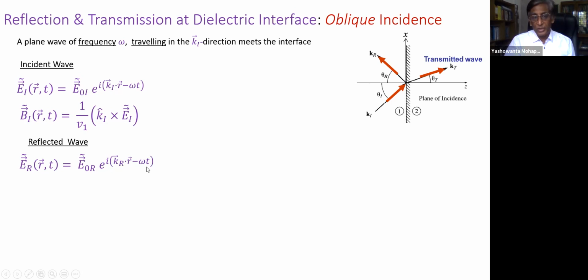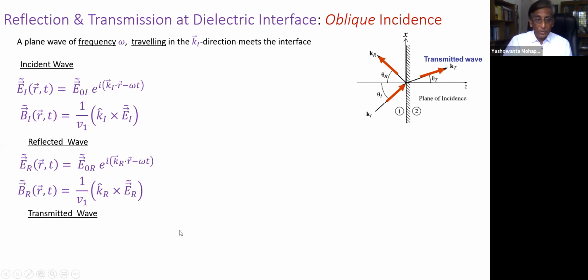This is the complex amplitude along with the polarization vector. And similarly I get the magnetic field, 1 by v1, since it is still in medium 1, kr hat cross Er.